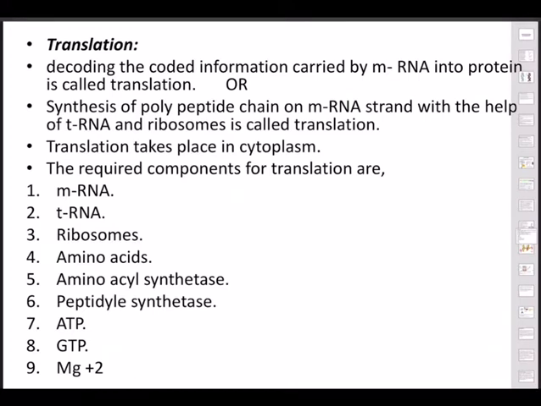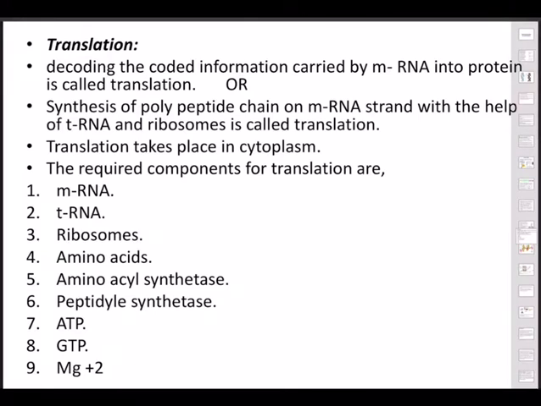And then sixth one, peptidyl synthetase. Peptide bond, remember? And of course, for all this process, we need to spend some energy. That's ATP, adenosine triphosphate, and GTP, guanine triphosphate. And then the catalyst should be there for every reaction, and the catalyst is Mg2+. So we need 9 things for translation to occur.